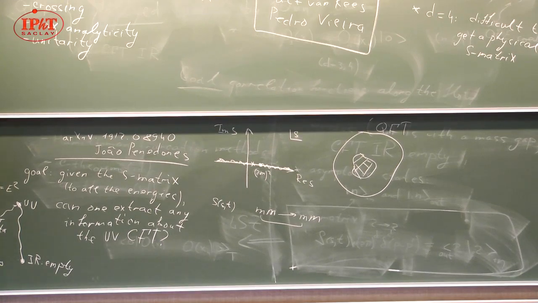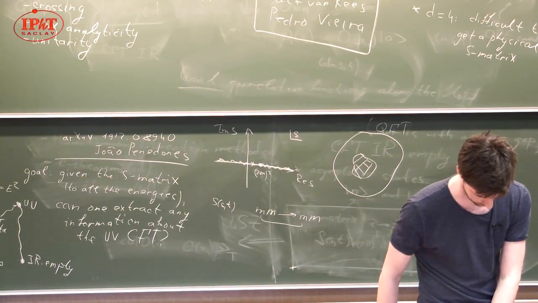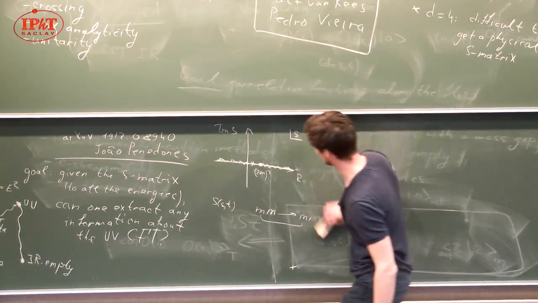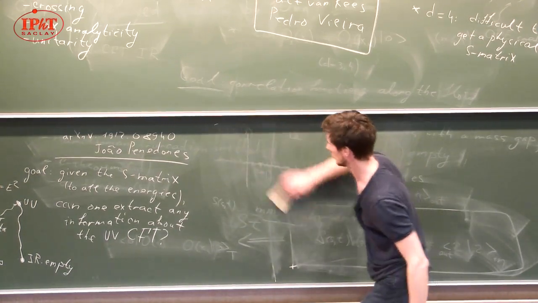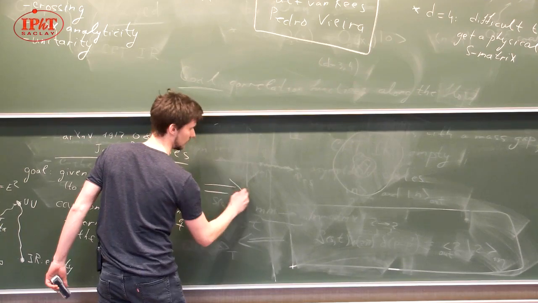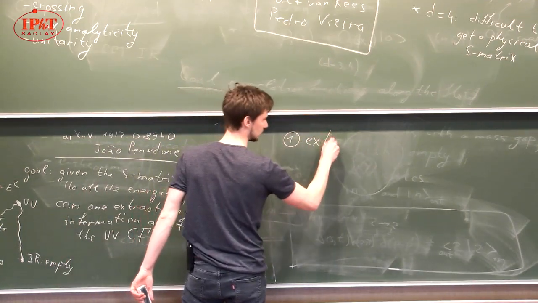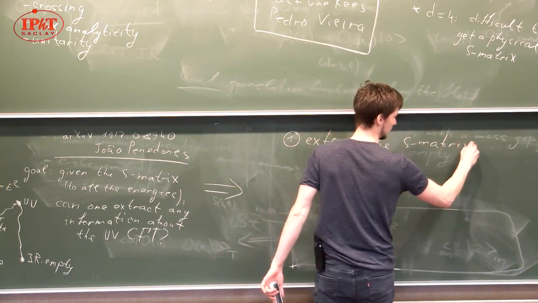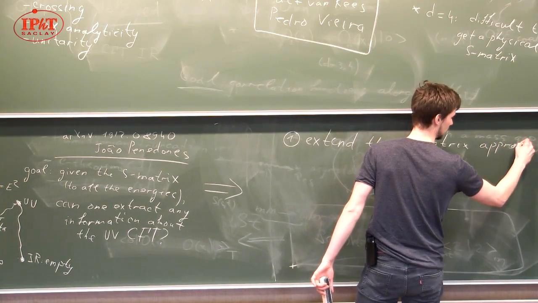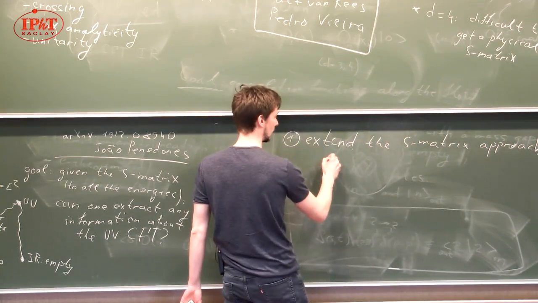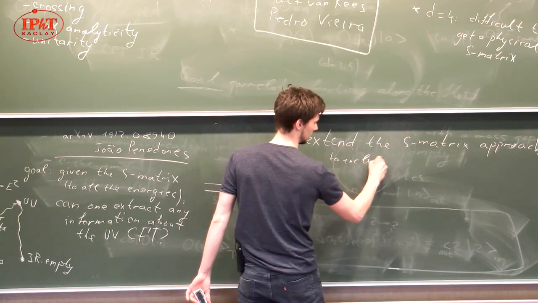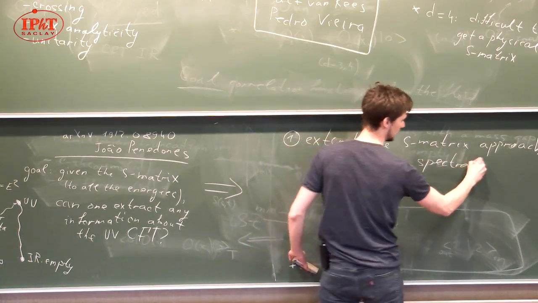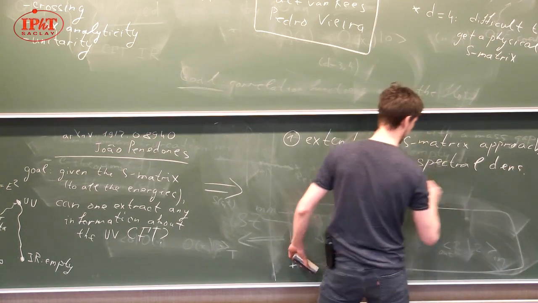So what I would like to do now is explain what we try to add to the current status of the S matrix. The first thing we would like to do is to extend the S matrix approach to include spectral densities and form factors.